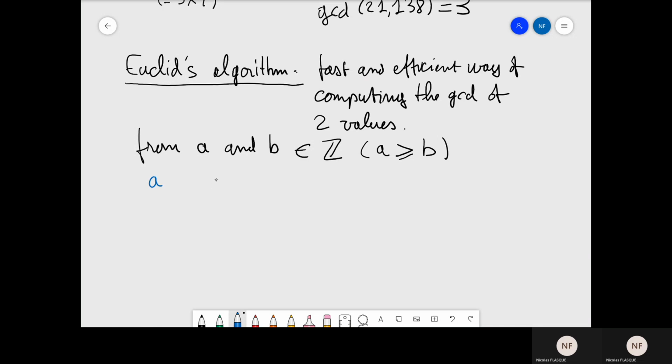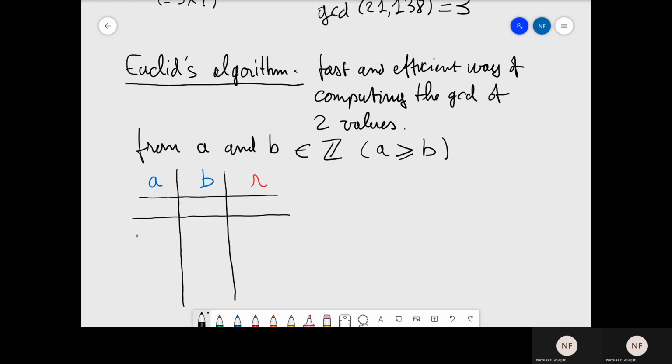The first one with a value of A, the second one with a value of B, and the third one with the value of R. I don't know for the moment, depending on the value that will be chosen, how many lines will be necessary to find the value of the GCD using this algorithm.